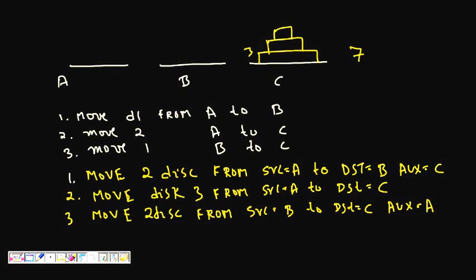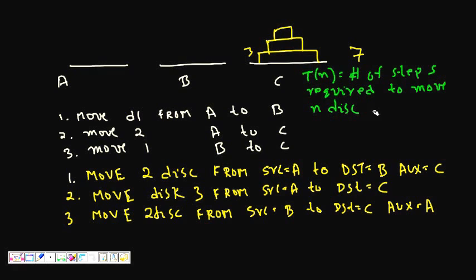And why 7? So let's see the time complexity. Let T(n) be the number of steps required to move n disks from source peg to destination peg using auxiliary.